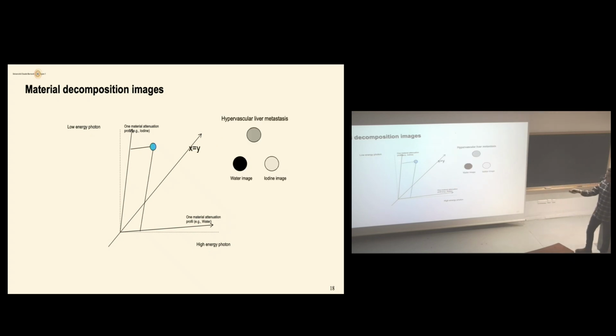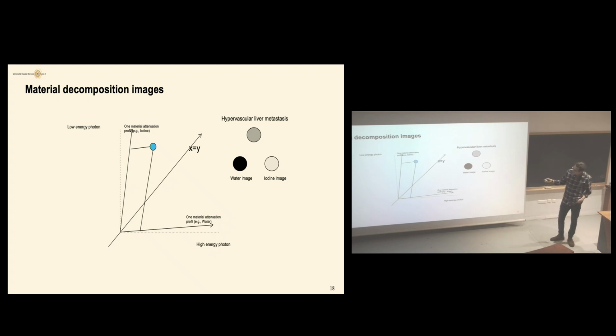You see this case. This case, in a conventional image, will appear as grayscale. It could be misdiagnosed as calcification or high dense materials.